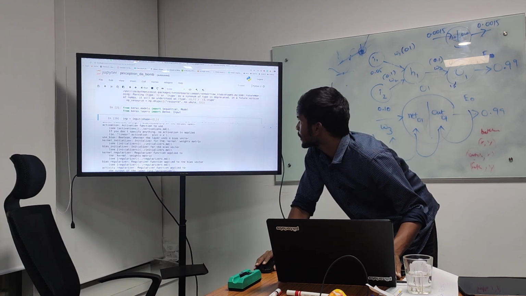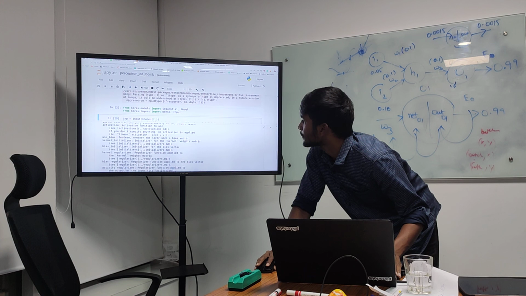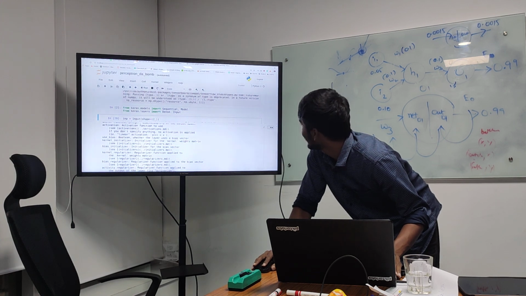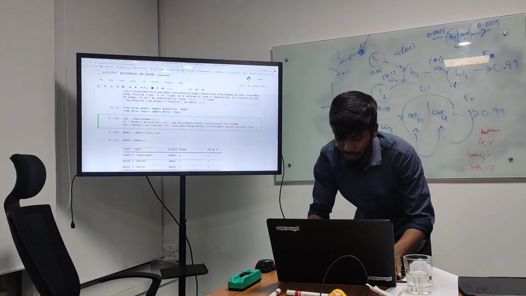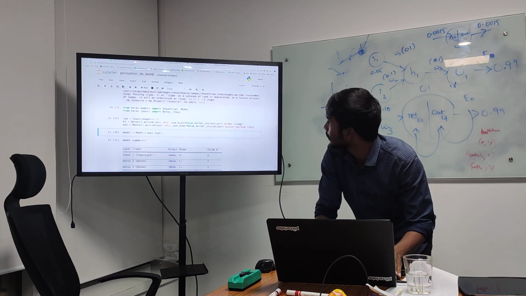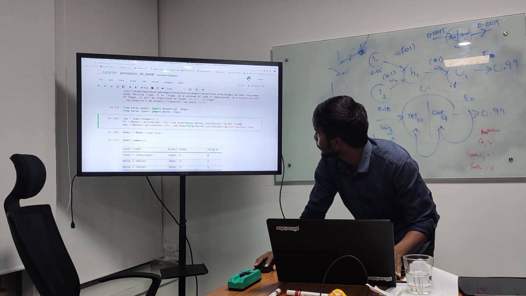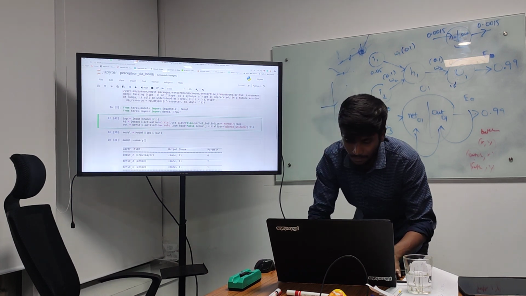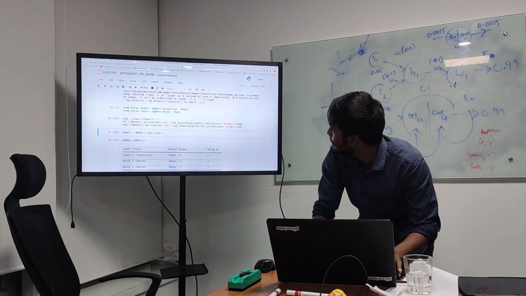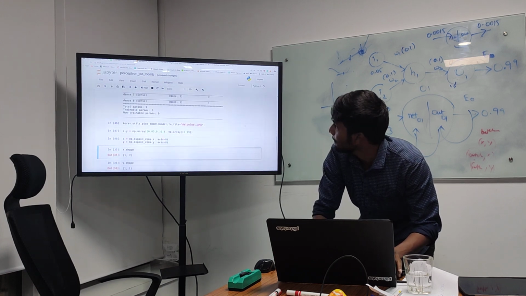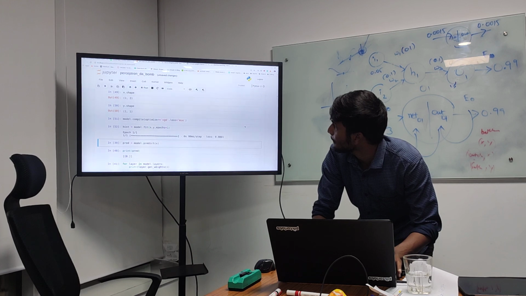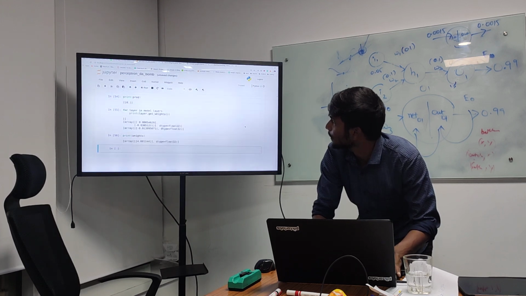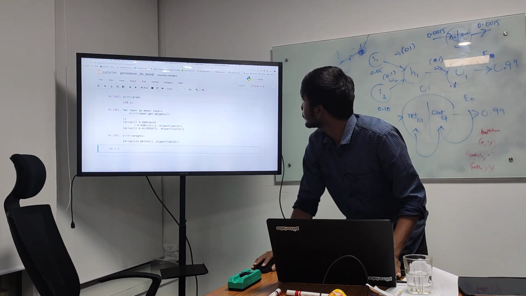Kernel initializer, the kernel matrix initializers. Just try normal, right? Normal distribution. It's normal, right? Okay, cool. The name is wrong. The name might be wrong. Keras.